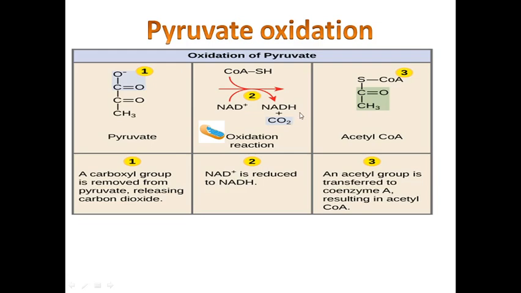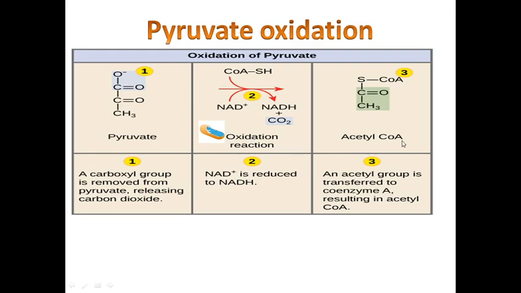You can see here the carbon dioxide released. Acetyl coenzyme A is formed when pyruvate and coenzyme A add up. Now this acetyl coenzyme A enters the Krebs cycle.